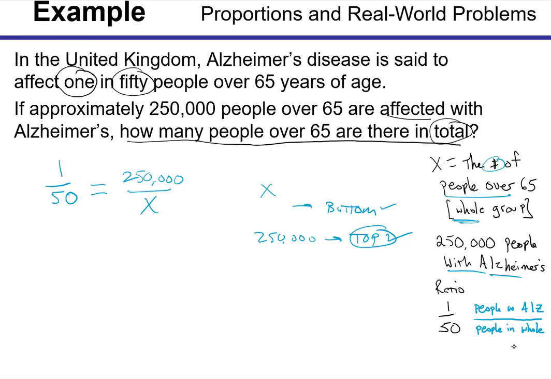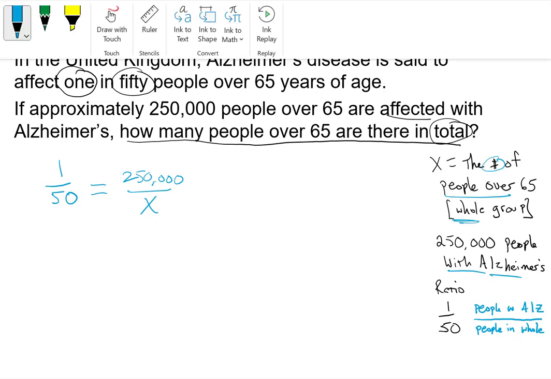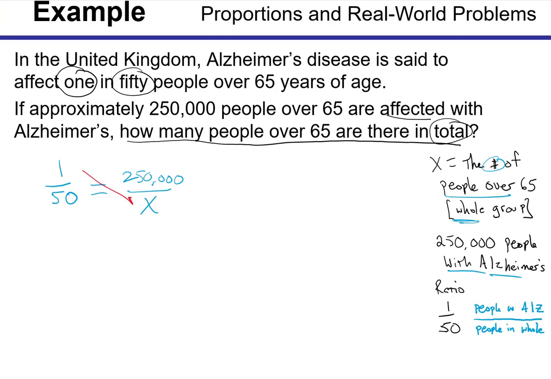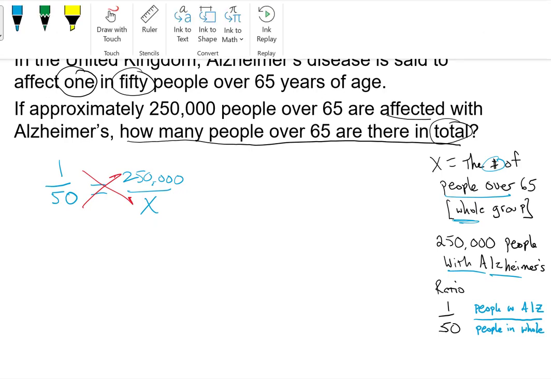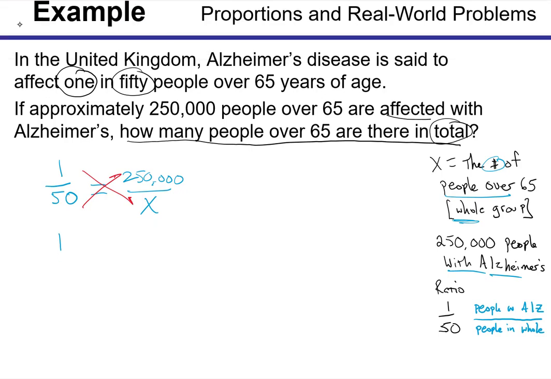So this is the important thought. You just be careful with how you decide how to set up your ratio. But once you've done that, it's easy to solve. Let's get x by itself by cross multiplying. So 1 times x and 50 times 250,000. 1 times x is 1x.